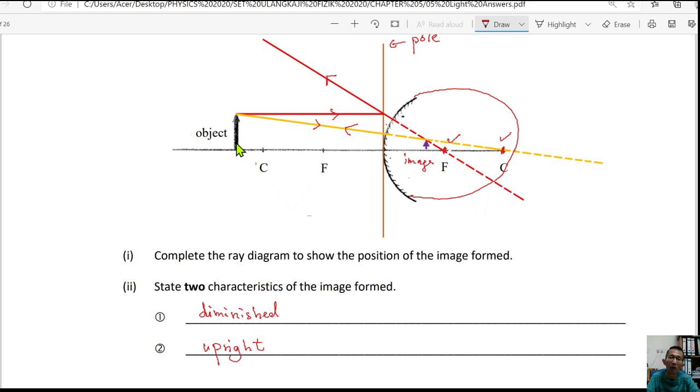Now, is it real or is it virtual? For mirrors, if the object and the image are not on the same side, then this image must be virtual.